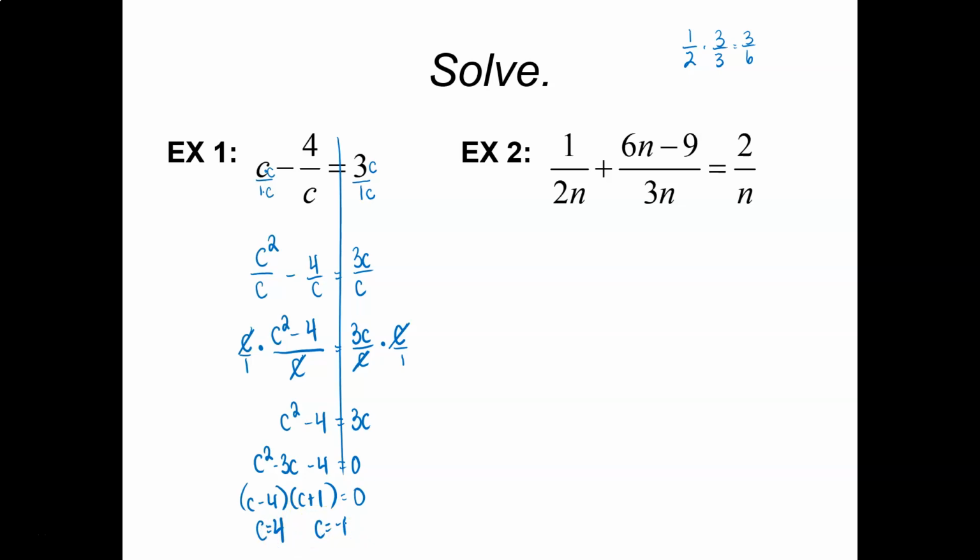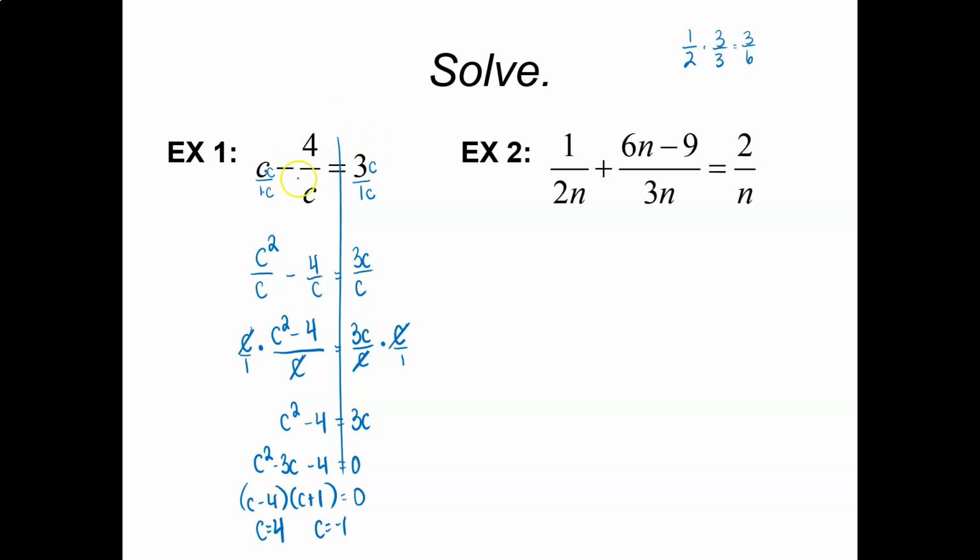Oh, I forgot to do something. Now, one thing we do have to be really careful of here is excluded values. Whenever we were taking those notes on Friday, we talked about the excluded values. And the excluded values were just anything that made your denominator 0.